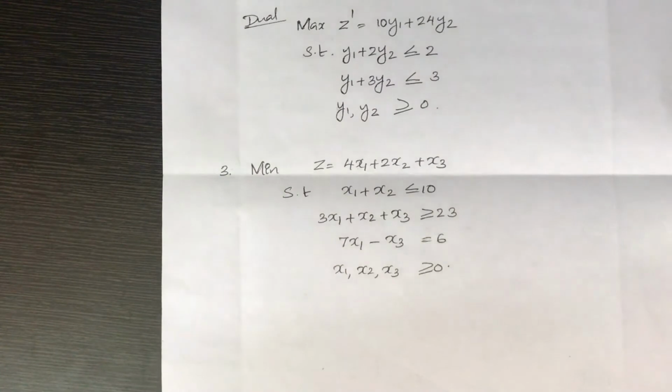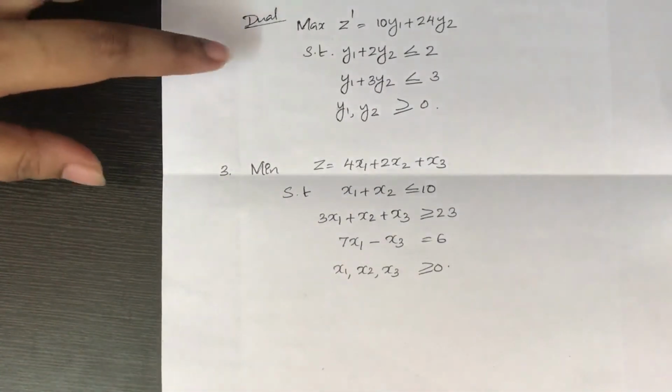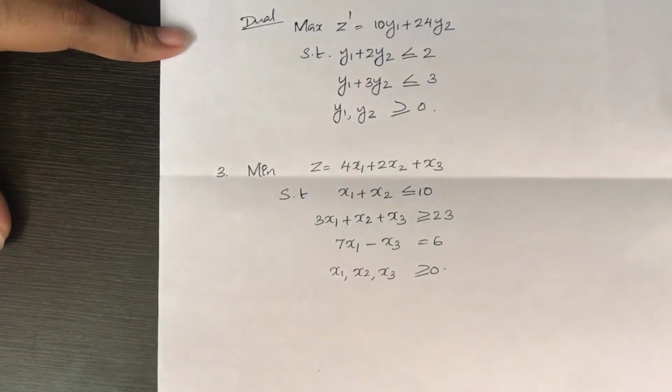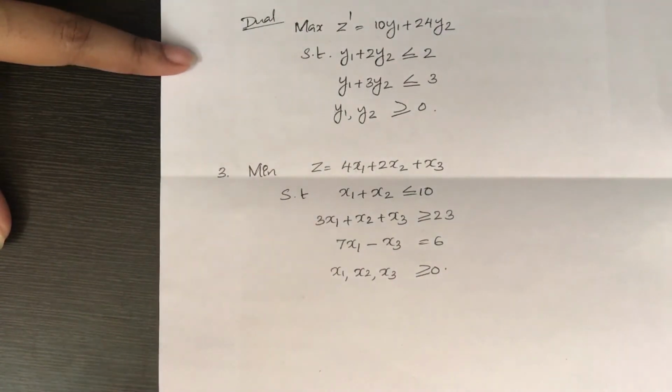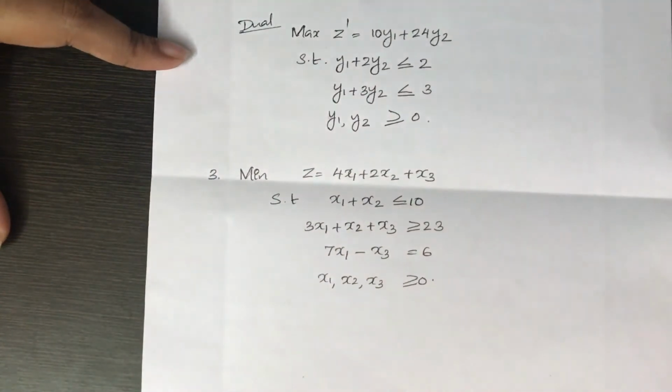So we can look at this question. Minimize z equal to 4x1 plus 2x2 plus x3 subject to x1 plus x2 less than or equal to 10, 3x1 plus x2 plus x3 greater than or equal to 24, 7x1 minus x3 equal to 6, x1, x2, x3 greater than or equal to 0.